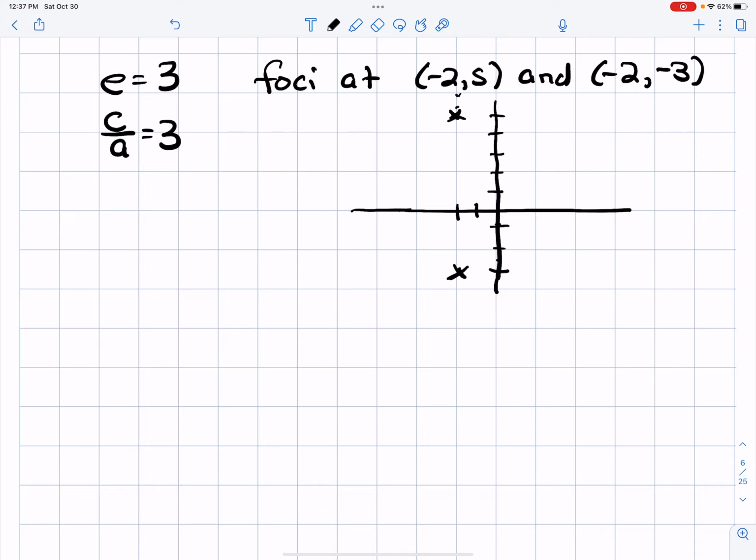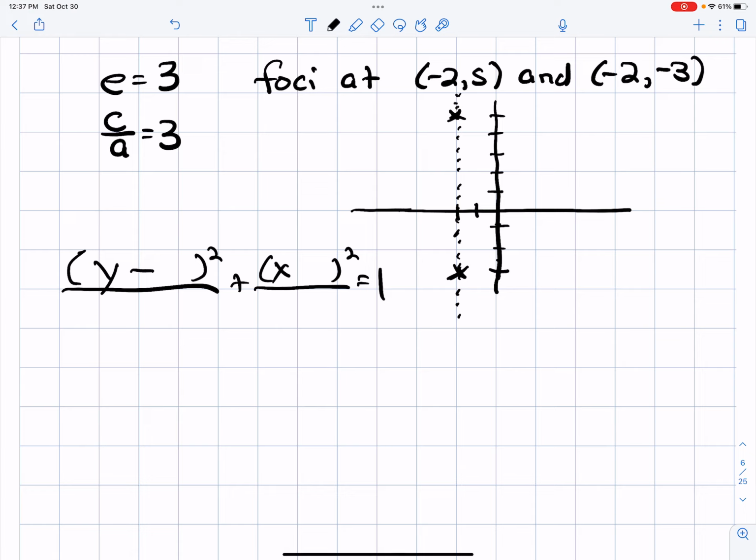This has a vertical transverse axis because the foci are along a vertical line there. So that tells us too about the equation. The y's are going to come first, and the x is second in the equation. So our equation is going to be something with y minus something squared over, plus x something squared over, equals 1.